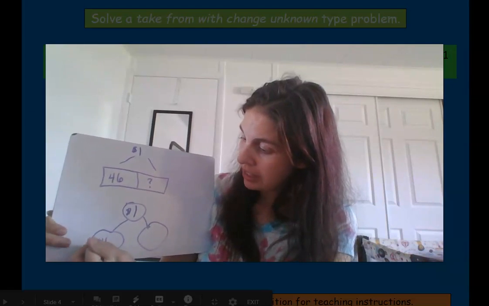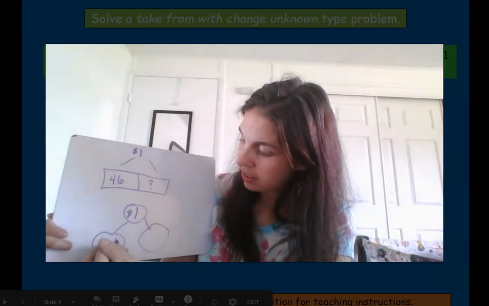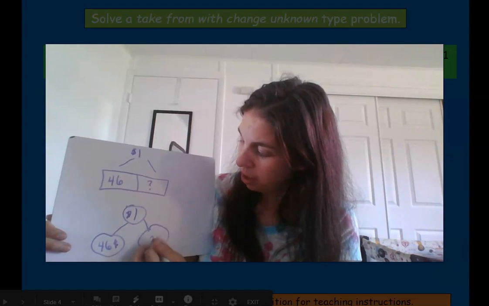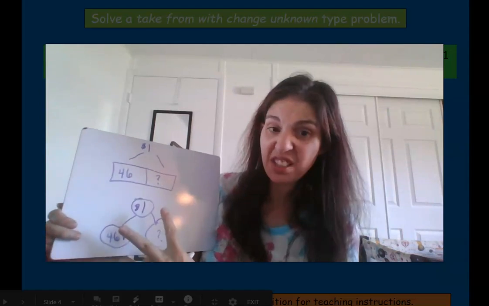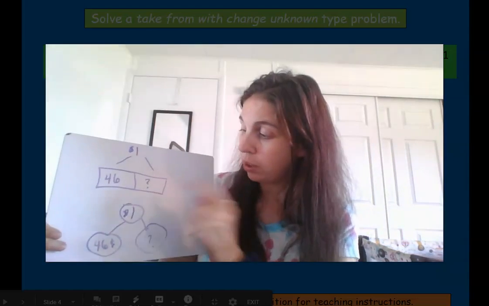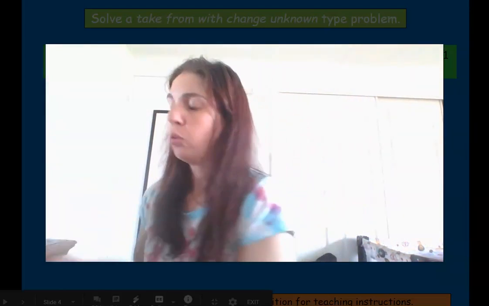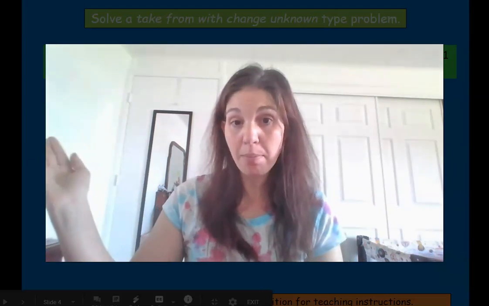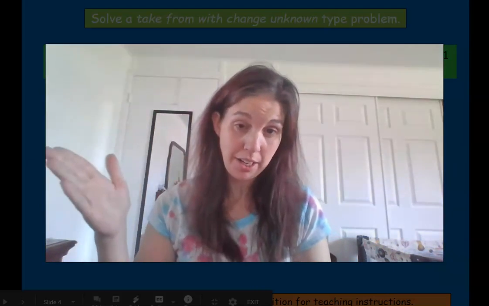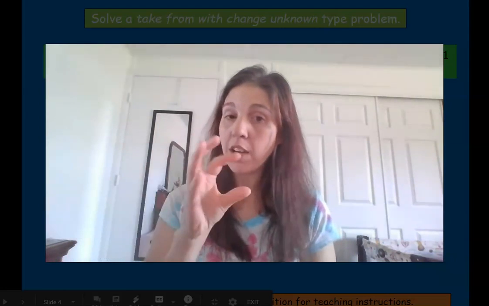So this one is 46 cents, and we don't know how much this is, but when we put these two together, they're going to equal $1, okay? So now we have to solve the problem. We can count up from 46 up to 100, or we can say 100 minus 46.